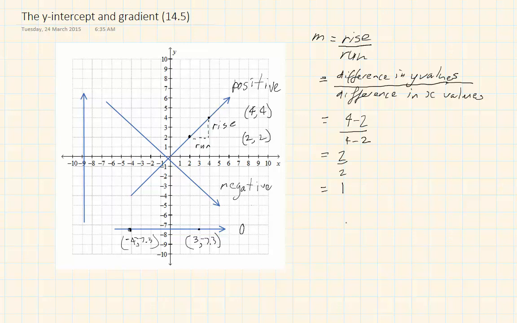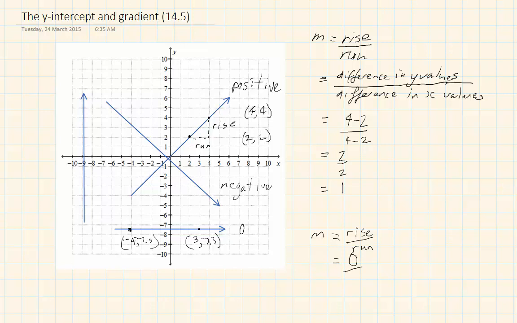Let's plug those coordinates into our formula for the gradient. So m equals rise over run. What is the rise? Well, there's no rise. The negative 7.3 for our first coordinate and negative 7.3 for our second coordinate, so there's 0 rise. And our run?